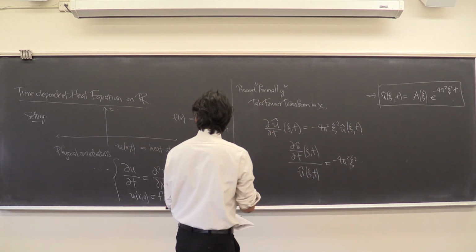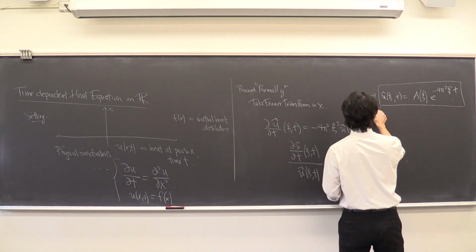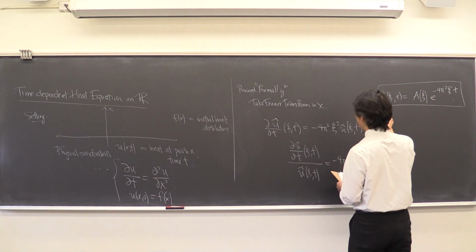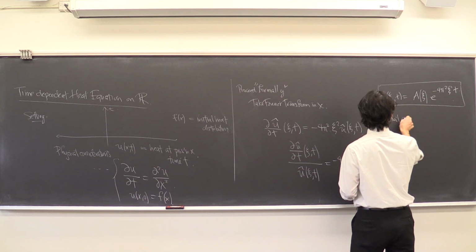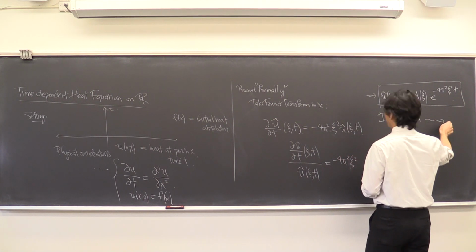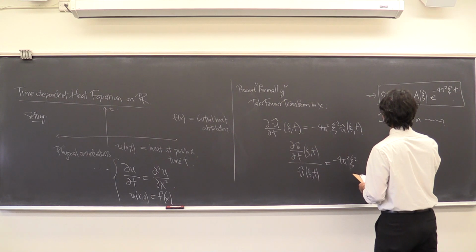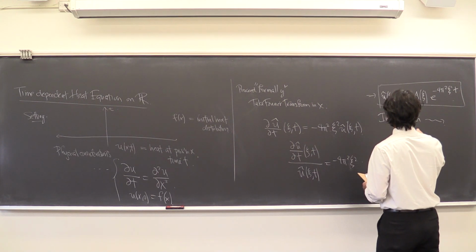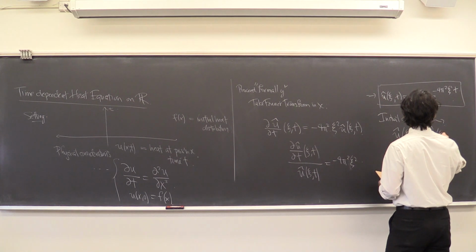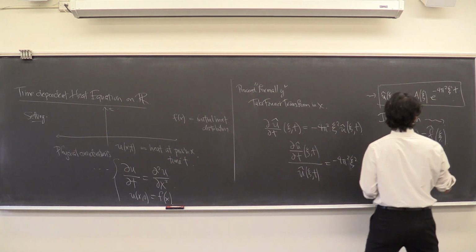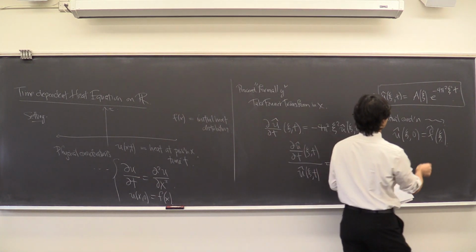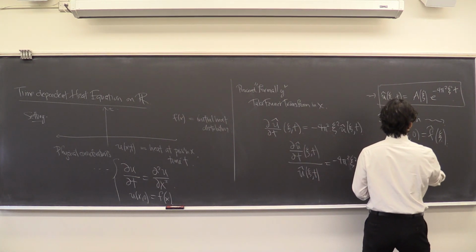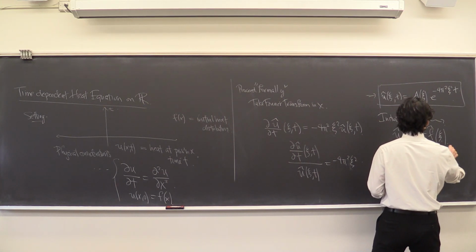And then when we apply the Fourier transform to the initial condition, it just turns into u hat of xi, 0 equals f hat of xi, and so that tells you that this a of xi must be f hat of xi.